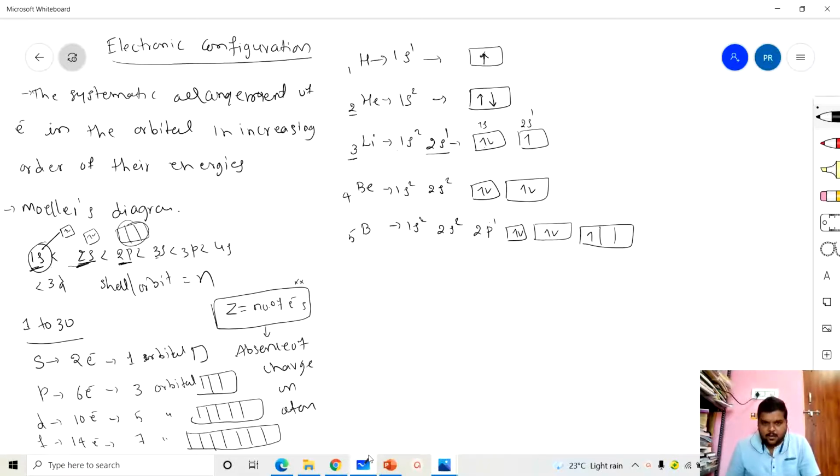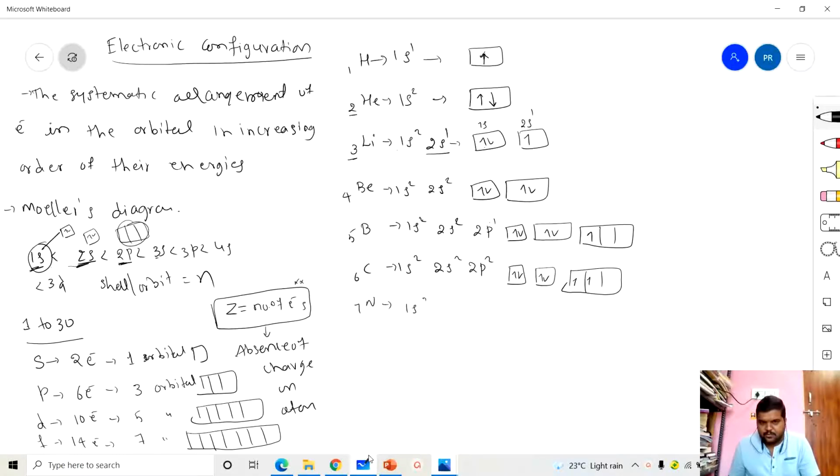Next, carbon, atomic number 6: 1s2, 2s2, 2p2. Observe carefully now. 1s2 is completely filled, 2s2 is completely filled, then 2p2. Here the first electron enters one orbital, and the second electron enters another orbital. One thing we have to remember: after filling one electron here, next I will tell you by taking the second.